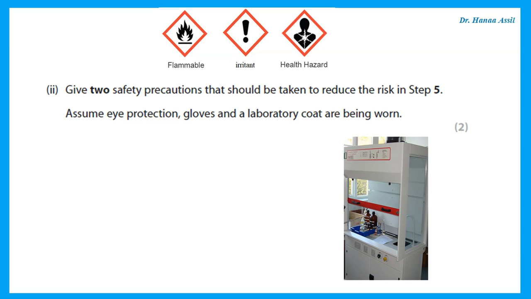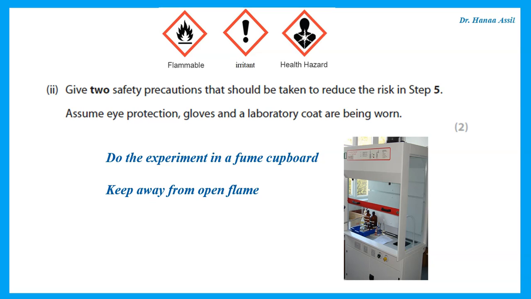So I should do the experiment in a fume cupboard. This is to avoid inhaling any of the gas, so it's not a health hazard. Keep away from open flame, so I don't put it next to the Bunsen burner because it is flammable.